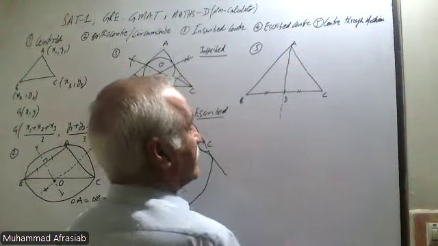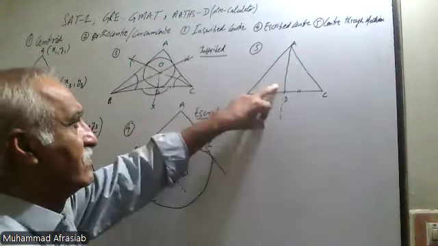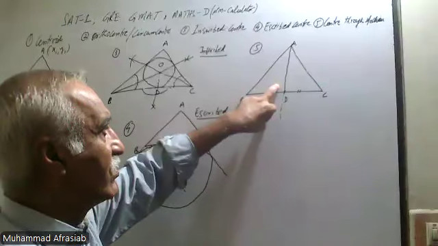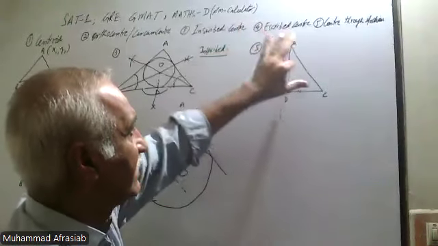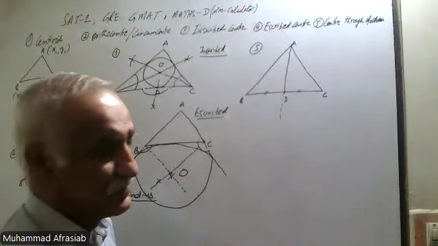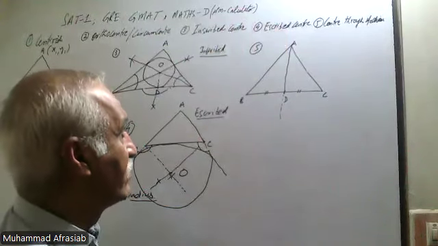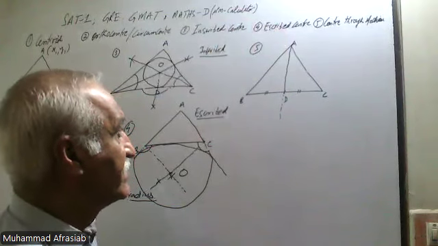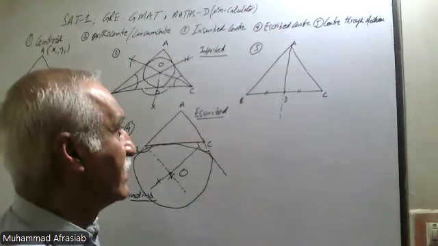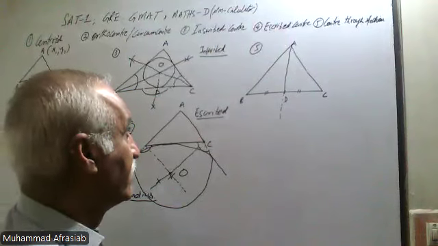It is not necessary to be 90 degrees here. It can be 90 degrees only when AB and AC are equal sides. This is an isosceles triangle, then the median makes an angle of 90 degrees. Otherwise, it is not necessary to make an angle of 90 degrees.